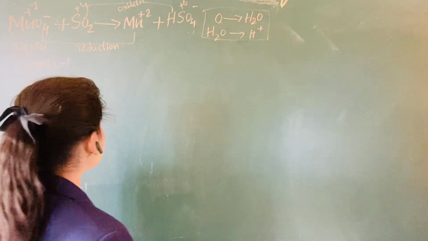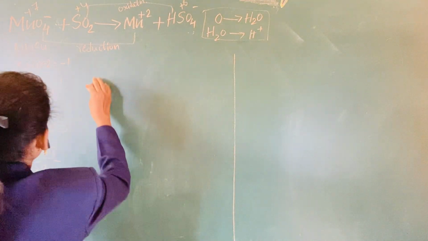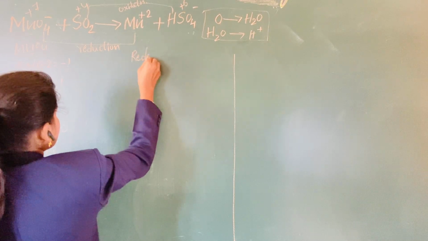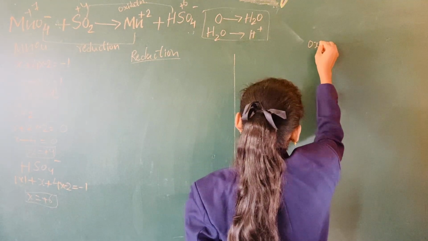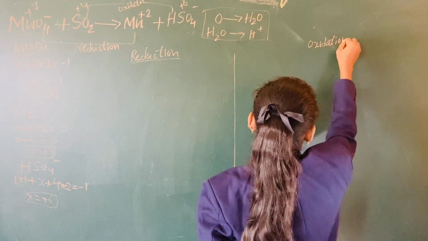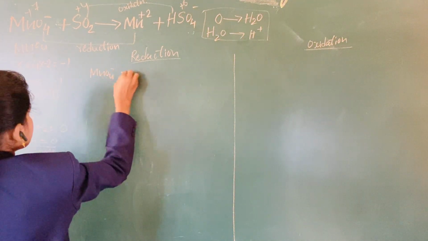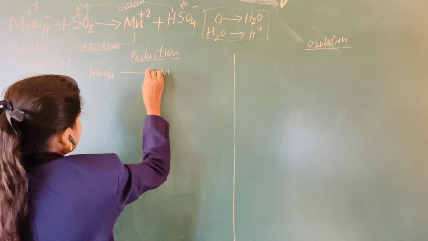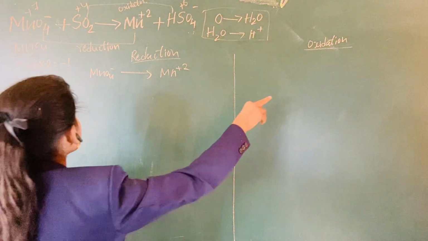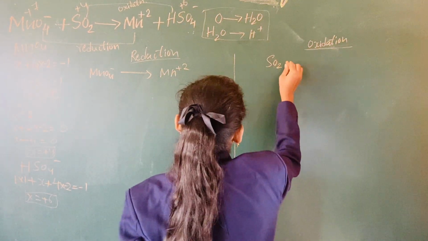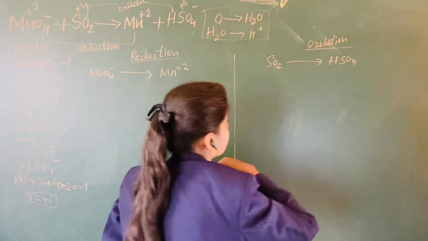So we write both equations separately. The reduction reaction is MnO4 minus gives Mn +2, and the oxidation reaction is SO2 gives HSO4 minus.